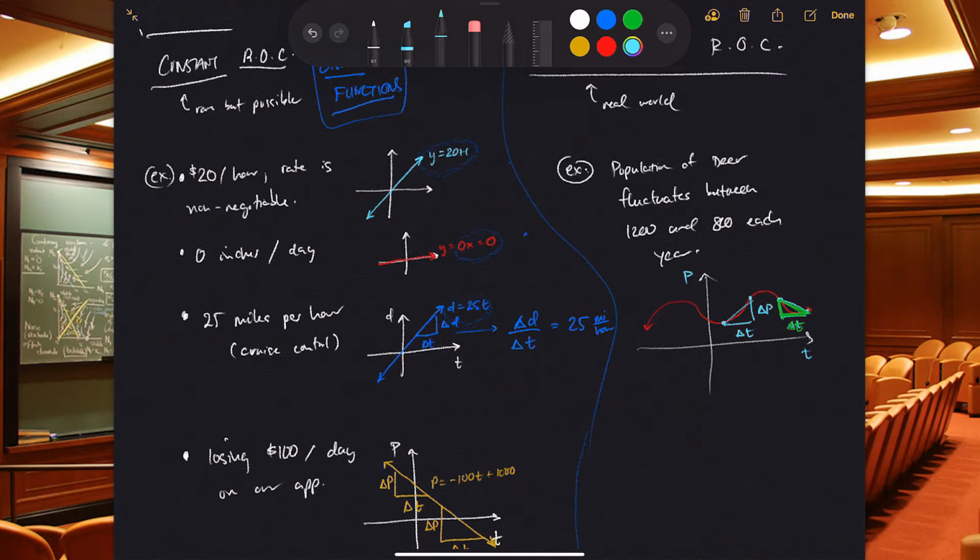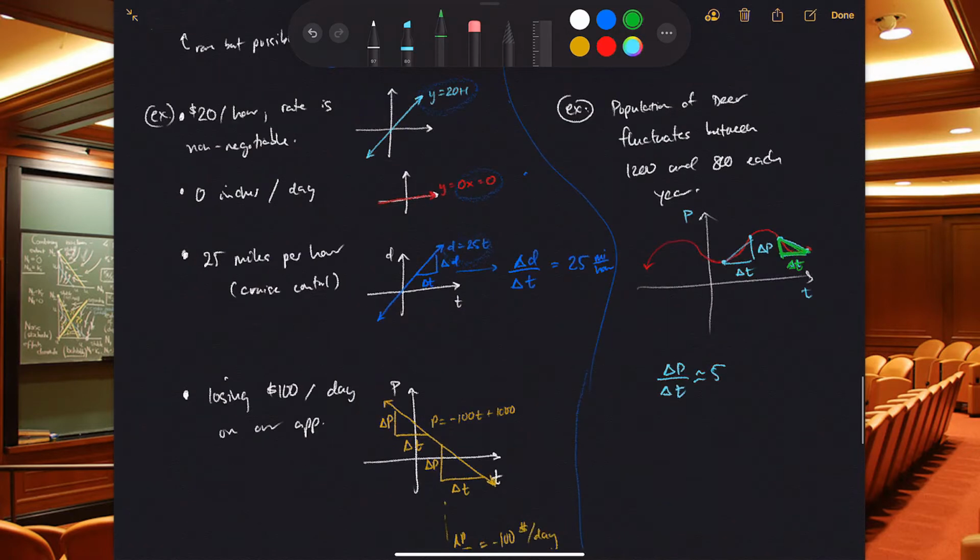We see that this rate of change, let's say it was approximately 5, and then this rate of change over here, the second one, was like -10. And what are the units here? Maybe deer per month.